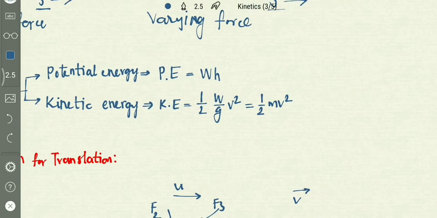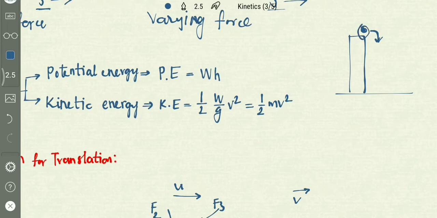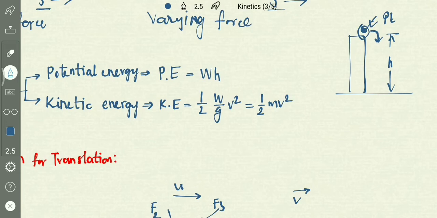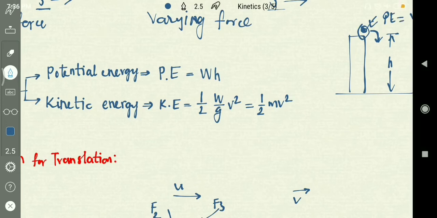If there is a body on top of a building and it is to be thrown onto the ground, what is the energy possessed by this body at the top? If this is height h, the energy possessed by this body is called potential energy, and it is equal to W into h.